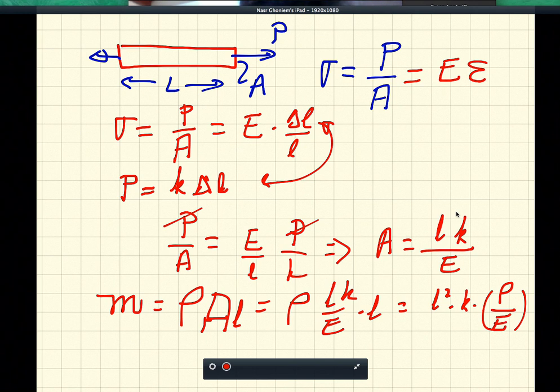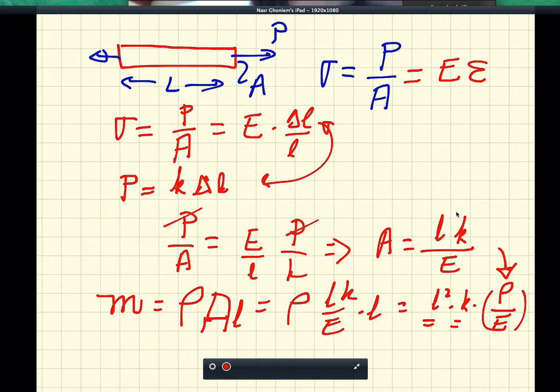Since L and K are either fixed or given by the design requirements, the only material property that counts now is the combination of rho over E.